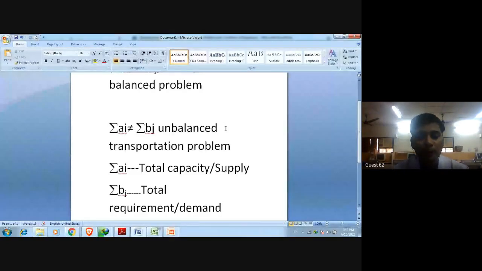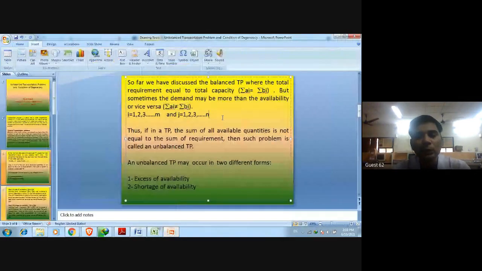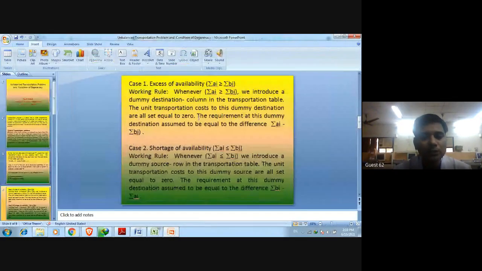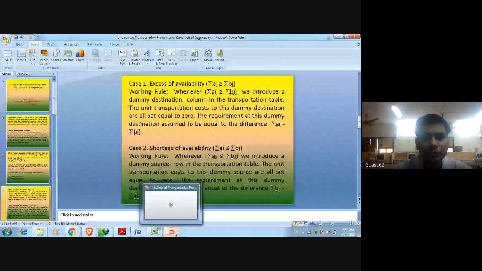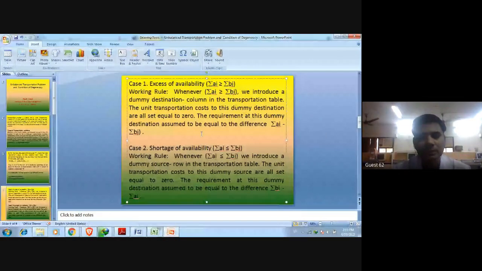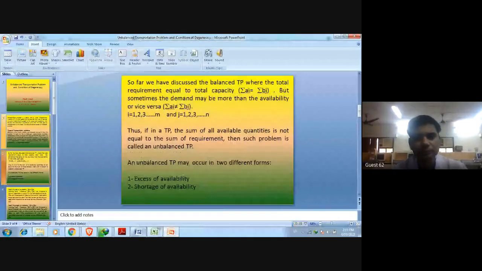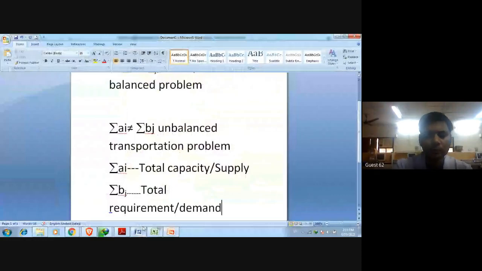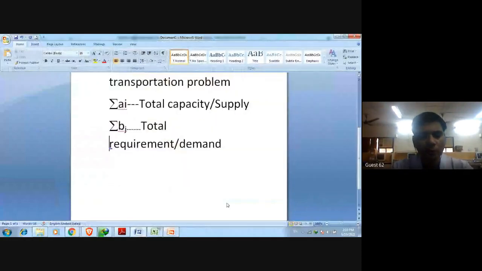Now, for these conditions, i represents the numbers 1 to m, meaning there are m number of sources. So i equals 1, 2, 3 up to m.